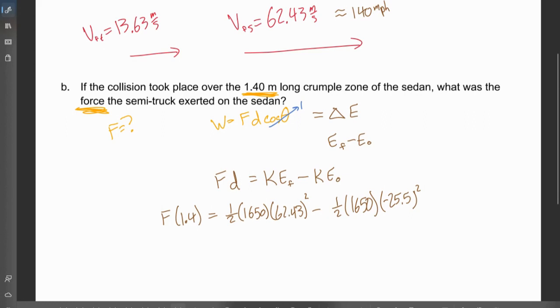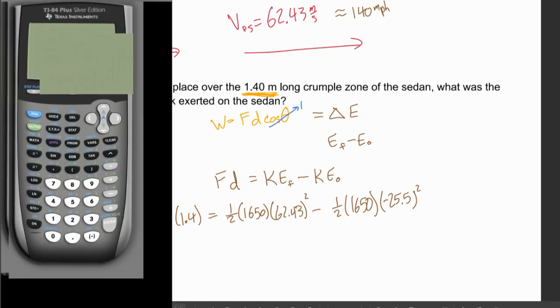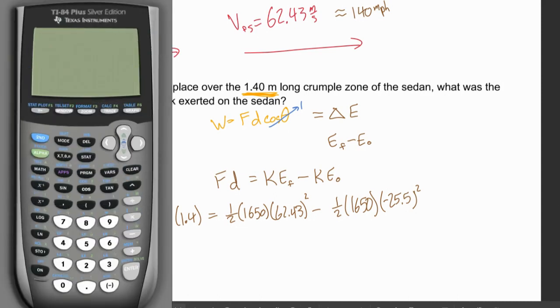Okay. Let's see what happens when we plug this all into the calculator. I'm just going to start on the right side because the left side is just 1.4 times our force.